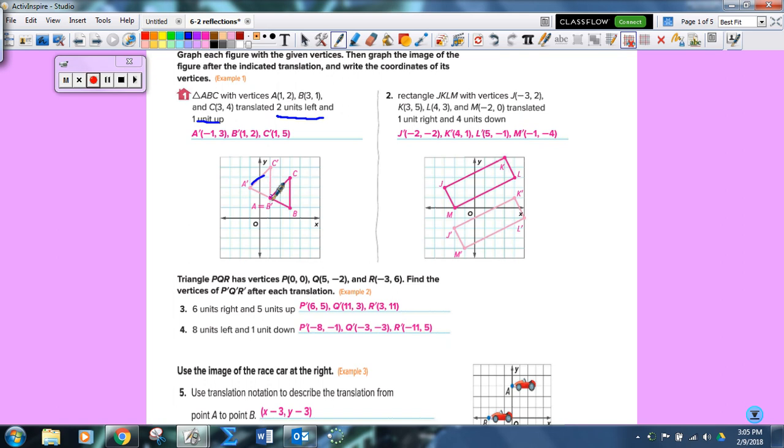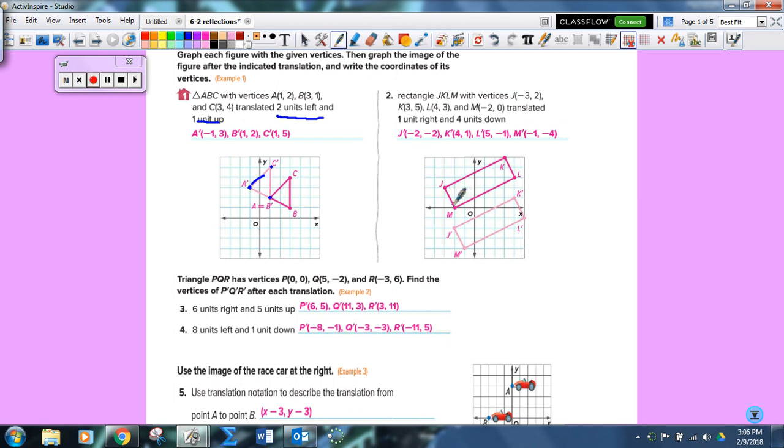So I start on A, and I go 1, 2, up 1, and that's my new A prime. I start on B, and I go 2 left, up 1, that's my new B prime. Start on C, left 2, up 1, that's the new C prime. It did also ask me to write down the coordinates.